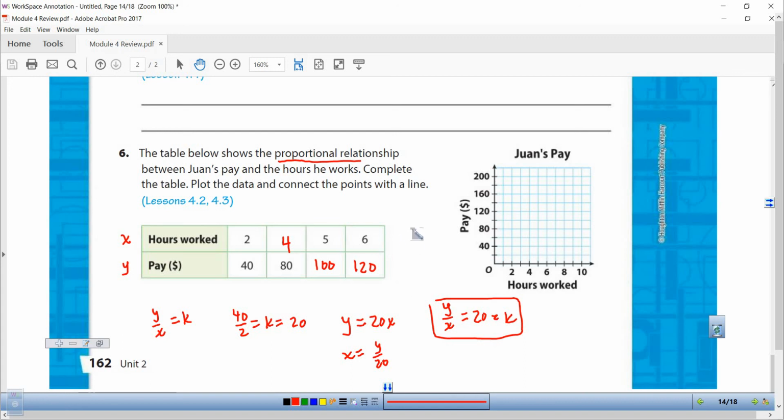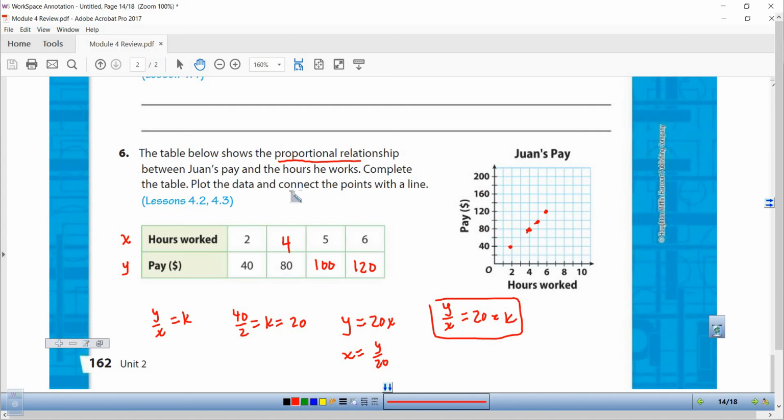Now, if we plot these points, what should happen? We should get a straight line. All right, we should get a linear relationship. All lines are straight. That goes through the origin. So let's do this real quick. There's 240 right there. Okay, there's 480. There is 100 right there. And there is 120 right there.